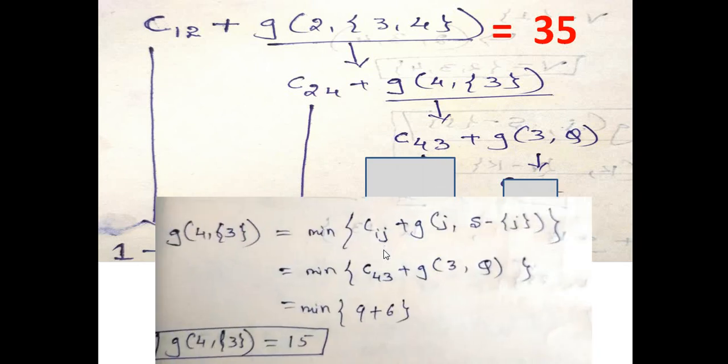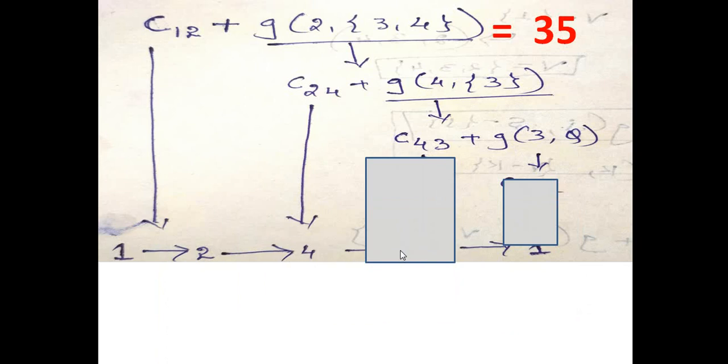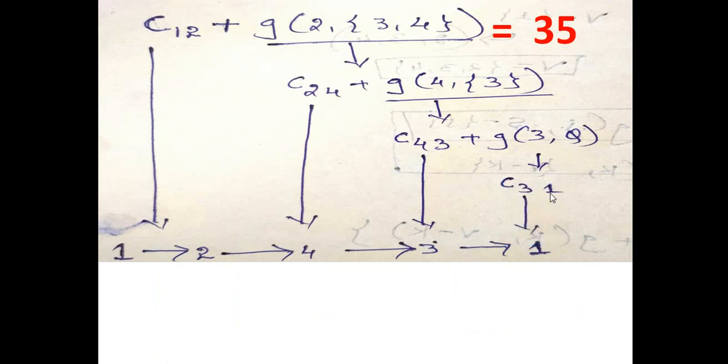Now consider the previous value, G of 4 comma 3, that is 4 3 plus G of 3 comma empty set. 4 is already written and the next vertex is 3, so write 4 to 3. Now for 3 comma empty set, 3 to 1 will come, so 1.